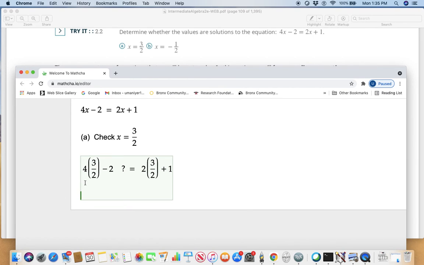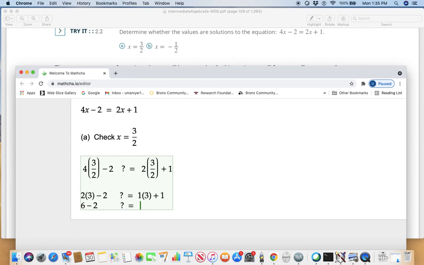Okay. 2 reduces 4 2 times. Question equals 2 reduces 2 once plus 1. That's 6 minus 2.